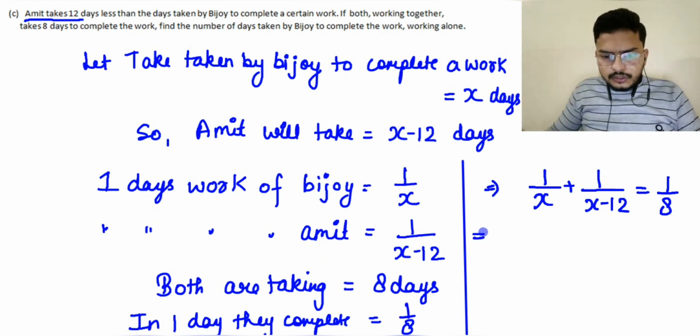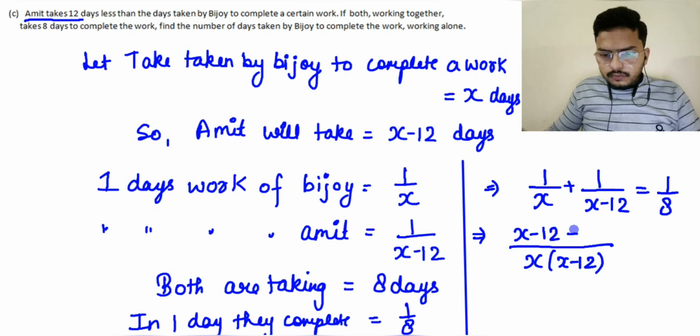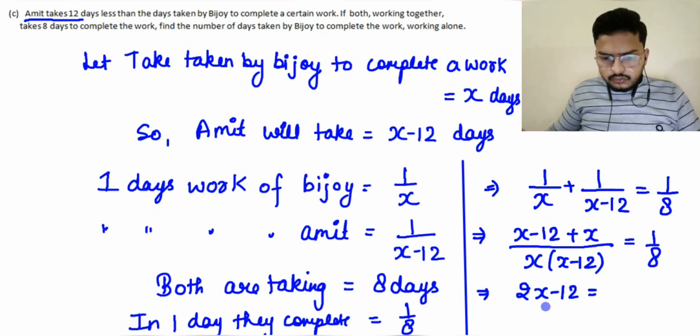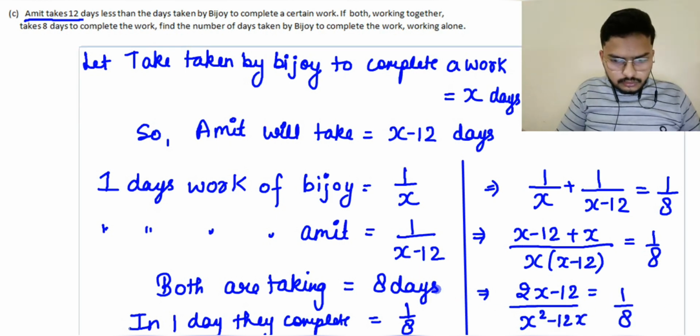Now just solve this equation. After taking LCM, this is x minus 12 plus x over x square minus 12x, so 2x minus 12 over x square minus 12x equals 1 by 8.